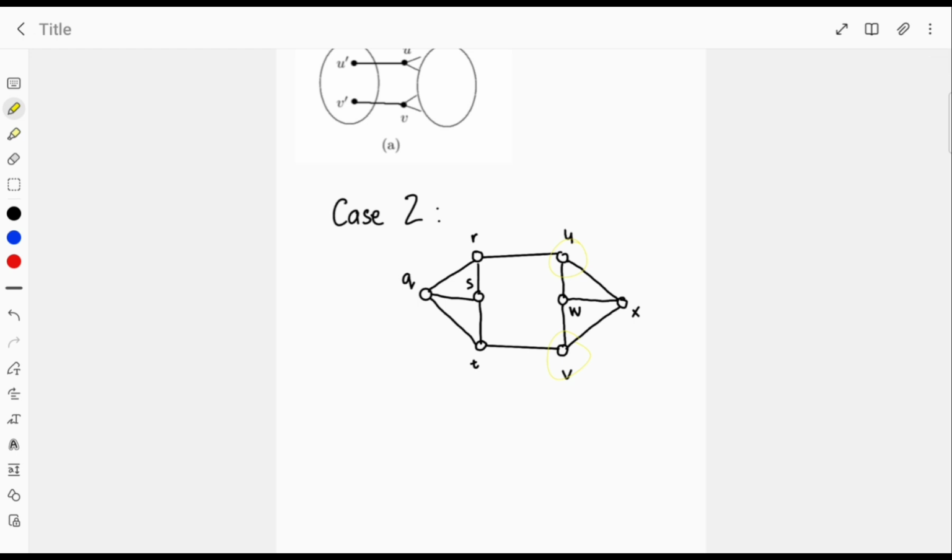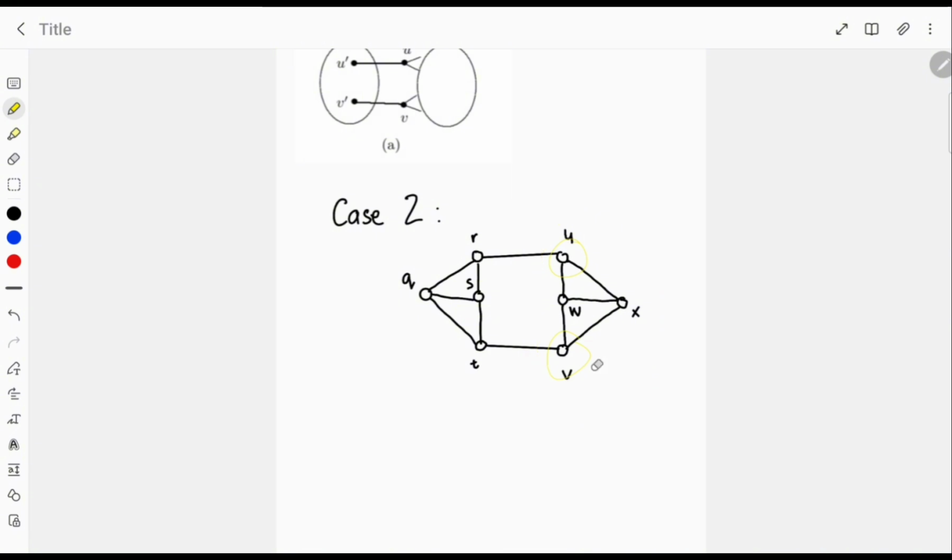So here we assume each of u and v has exactly one neighbor in one component, say G1, and 2 neighbors in the other component, say G2.